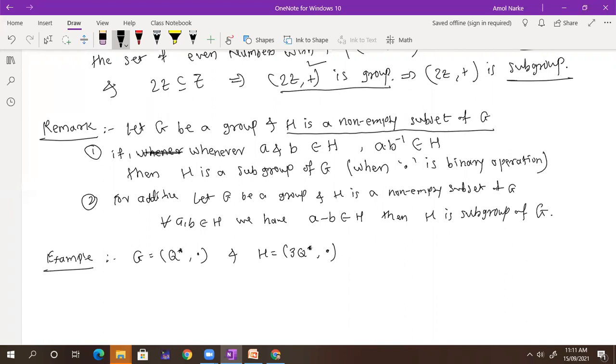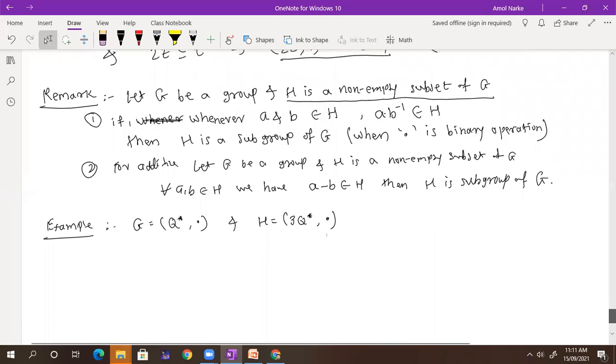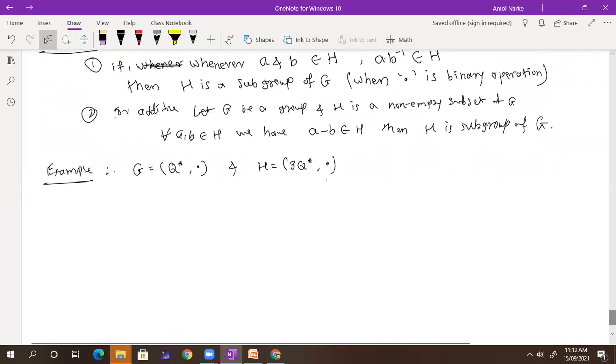Tell me whether it is a group or not, whether H is a subgroup of G. Yes or no?